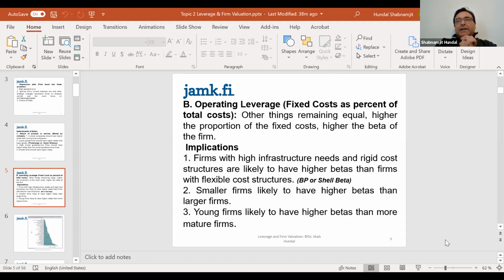I can say that the hotel industry has substantially higher fixed cost than a financial institution.